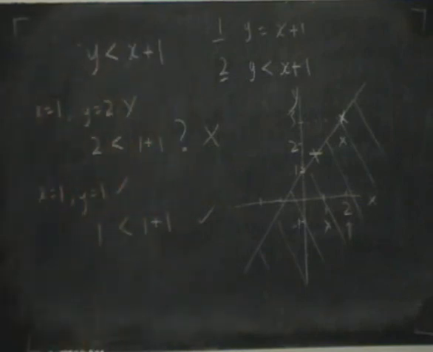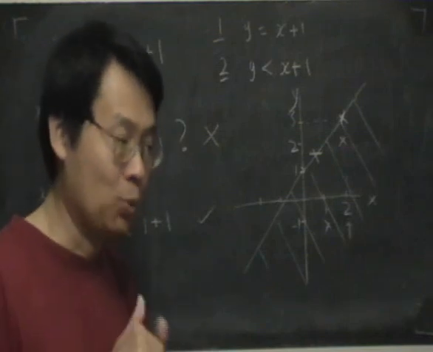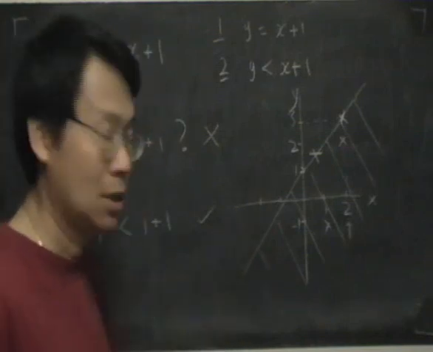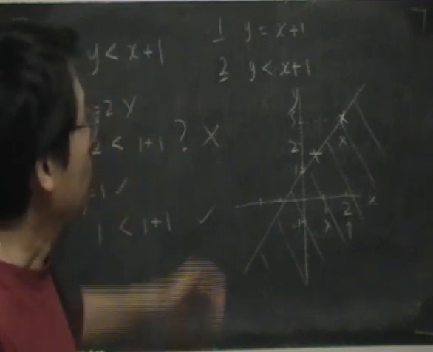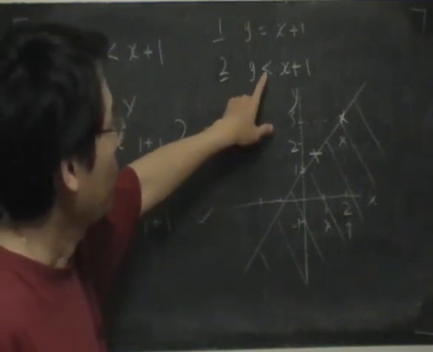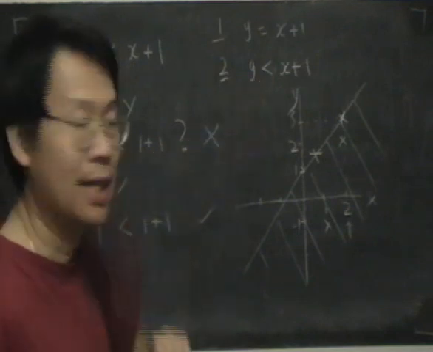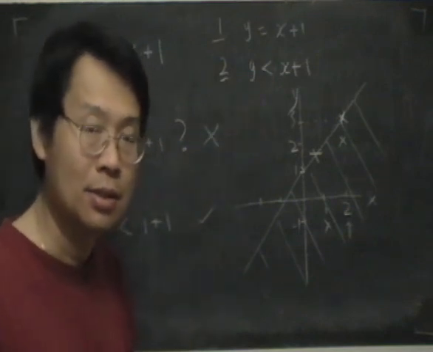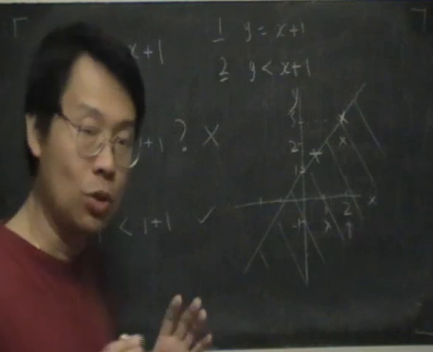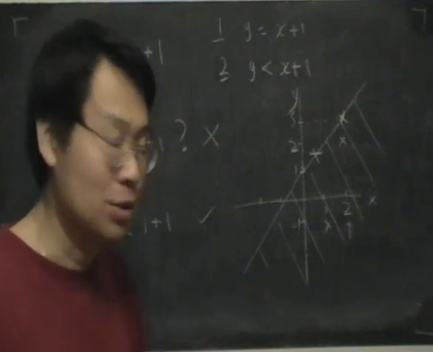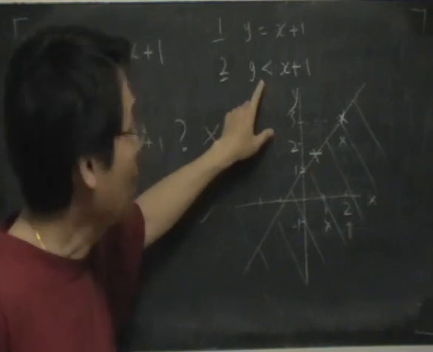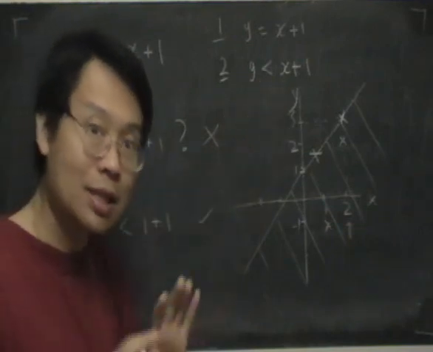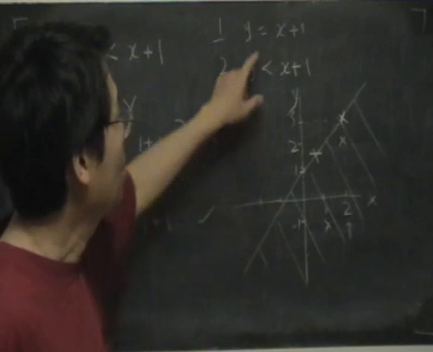Now there's one last bit that we need to add to this picture, which is that we have a less than sign there. It is not a less than or equal to sign, it's just a less than sign, and this means that y has to be less than x plus 1. It cannot be equal to x plus 1.